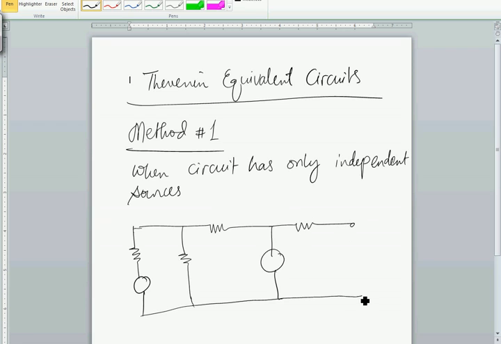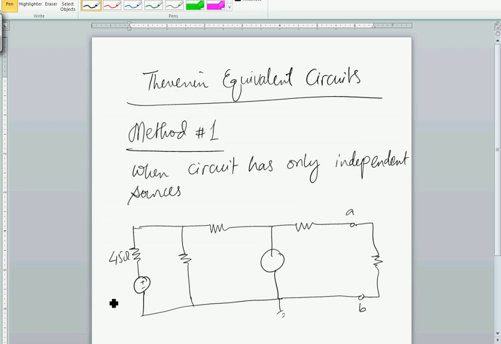And let's assume that you have a load resistance connected between nodes A and B. Assume node B is grounded. Let's say this is 45 ohms.